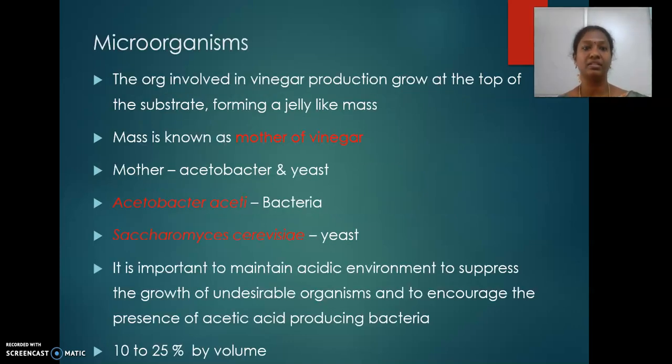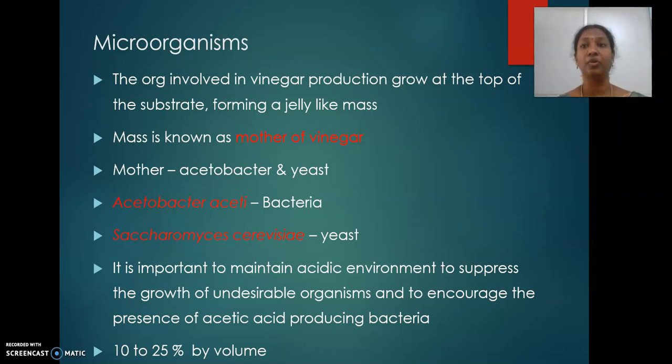What are the microorganisms that are involved? The organisms involved in vinegar production grow at the top of the substrate as a jelly-like mass, which is called the mother of vinegar. The mother contains both Acetobacter and yeast, that is, both bacteria and yeast. The bacterium we use is Acetobacter aceti, and the yeast is Saccharomyces cerevisiae.